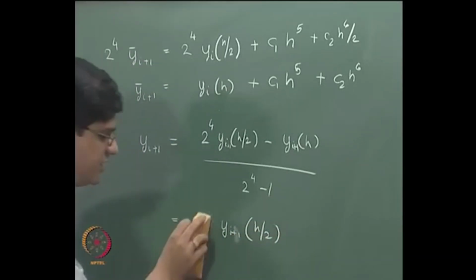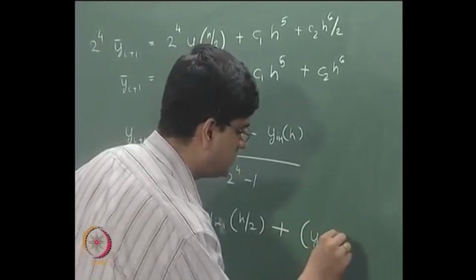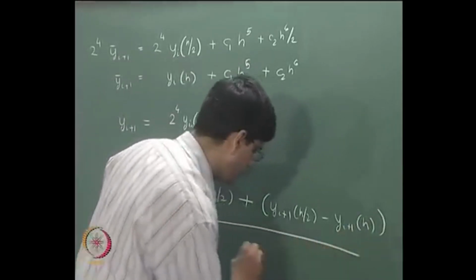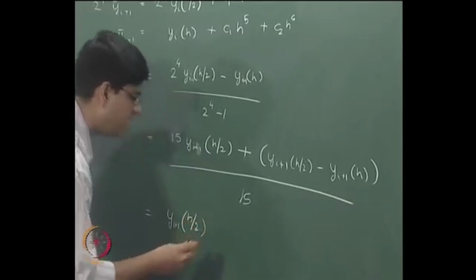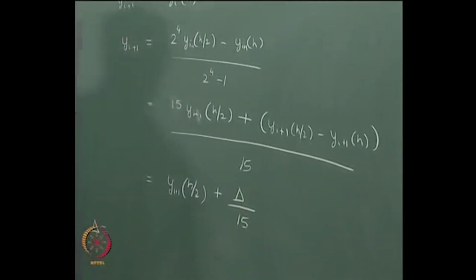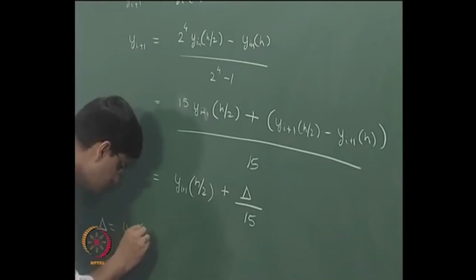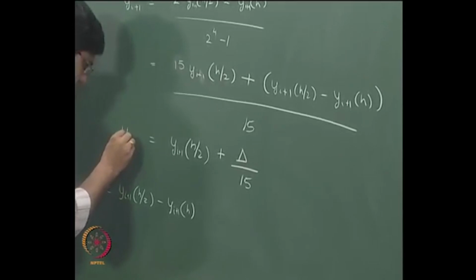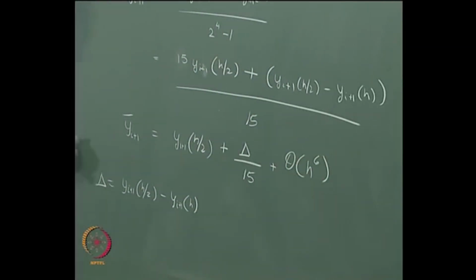I can write this as 15 times y(i+1) at h/2 plus y(i+1) at h/2 minus y(i+1) at h, divided by 15, which we will be able to write as y(i+1) computed at h/2 plus delta divided by 15, where delta is defined as the difference y(i+1) at h/2 minus y(i+1) at h. And this is going to be our final result.